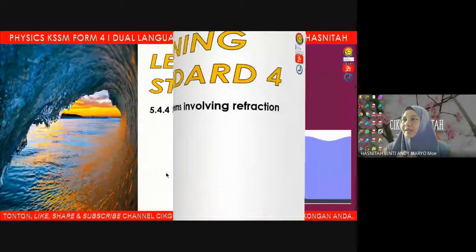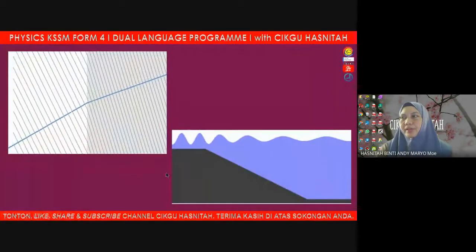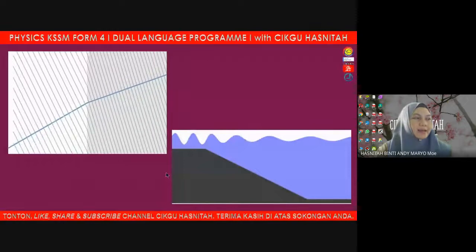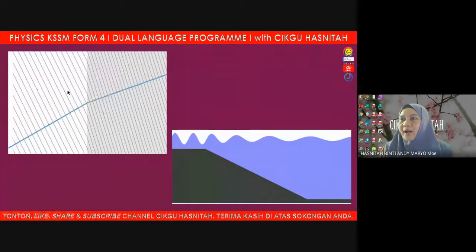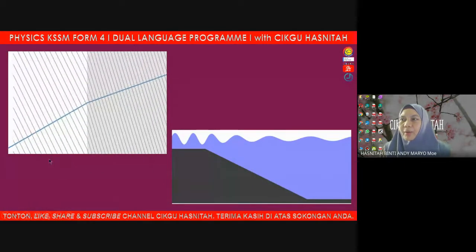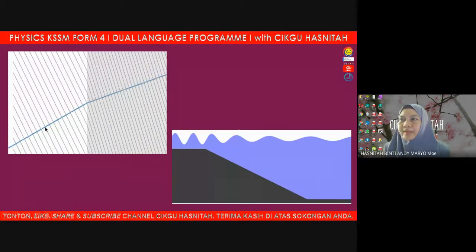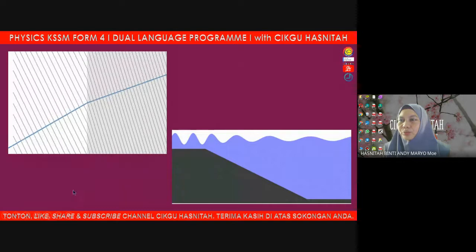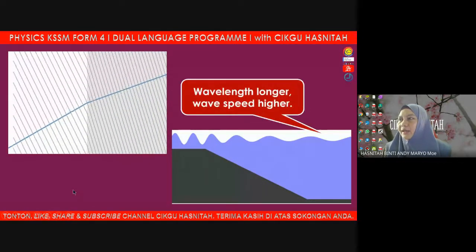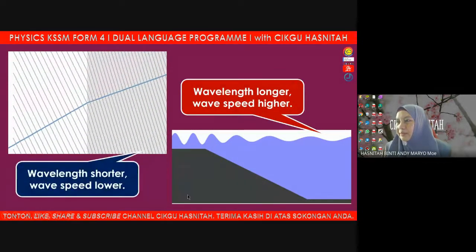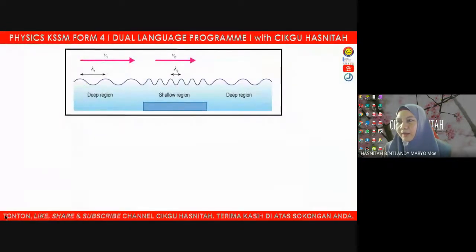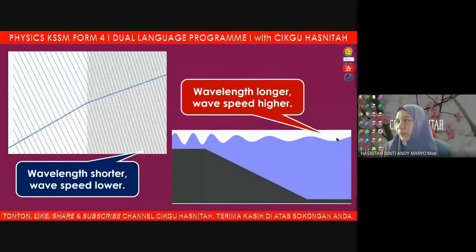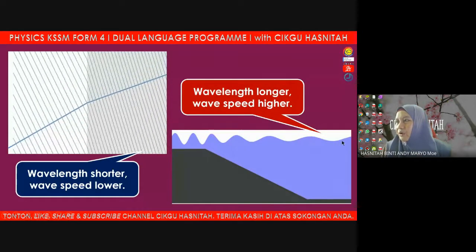Let's take a look. What is the question that we have for today? Before that, let us review how the water wave propagates in the first diagram, from the deep region to the shallow region. In the second diagram, you can also see the changes in propagation when the wave travels from a different depth.